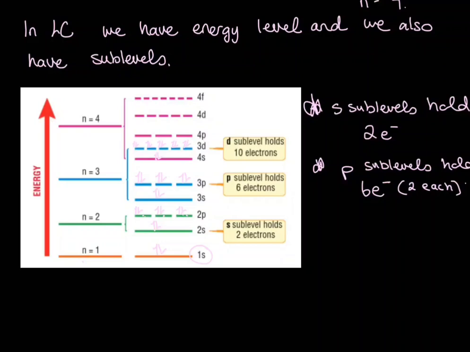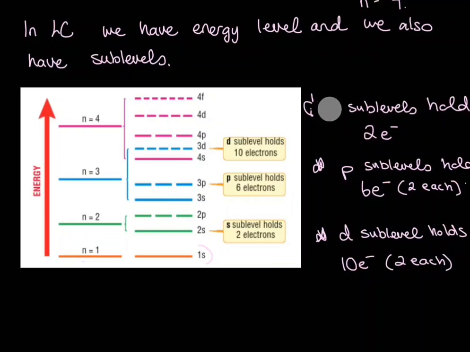Electrons usually come in pairs, so there's always going to be 2 of something. And I'm going to write in the last note that your d sublevel holds 10 electrons, and again 2 each for each one.